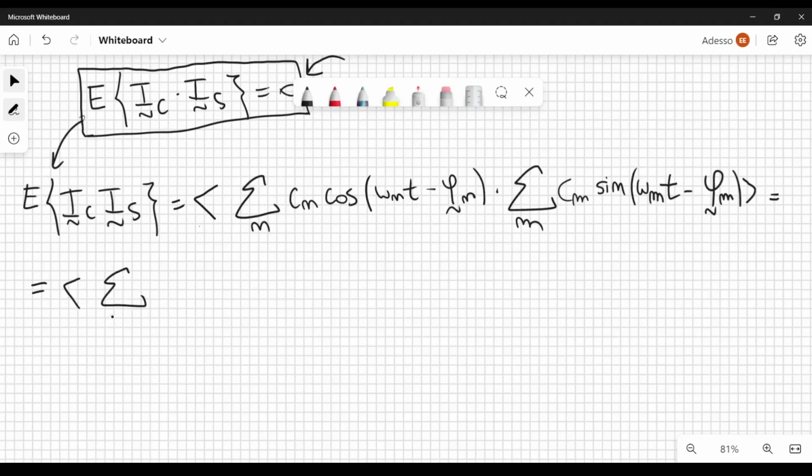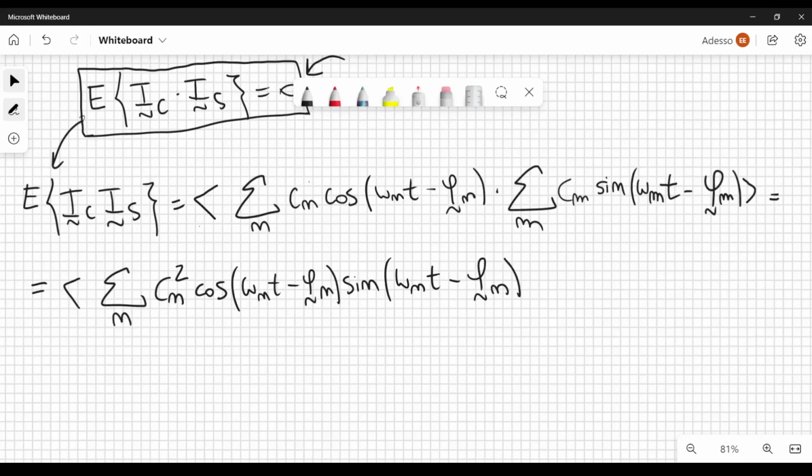We have a summation over the index n, and here I have c sub n squared, because as I said, in this case, n is equal to m. And then I have the cosine of omega sub n t minus phi sub n times the sine of omega sub n t minus phi tilde sub n.